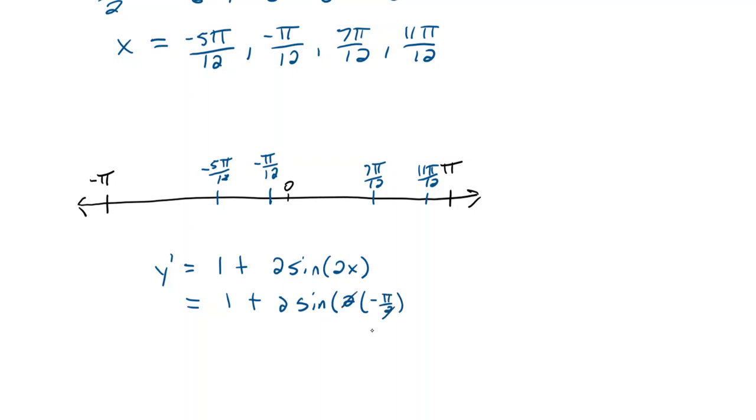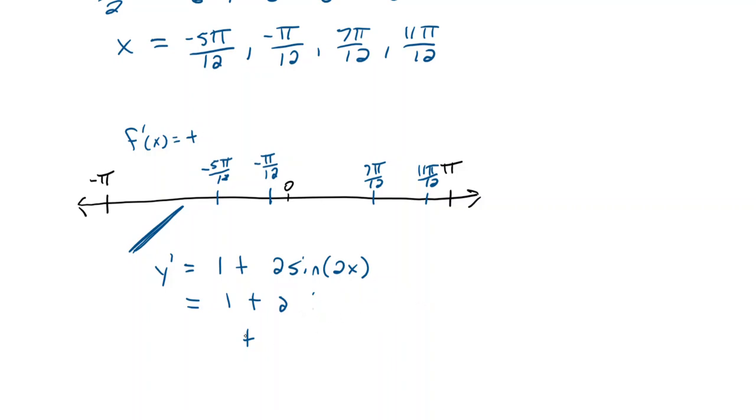So the 2's cancel, and we really have sine of negative pi. That's 0, so your sine value is going to be 0. So this is 1 plus 0, and this thing is coming out positive. What that's telling us is that we are increasing in this region, and just to remind ourselves why, f prime of x is positive here.